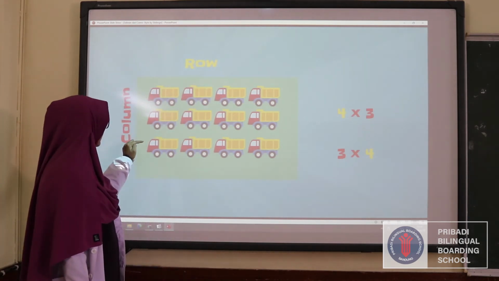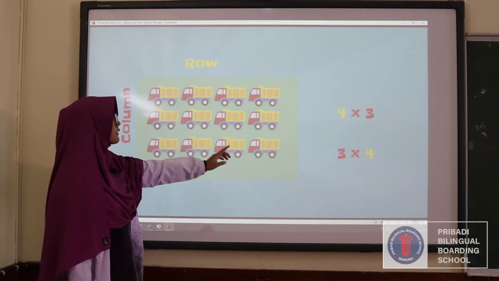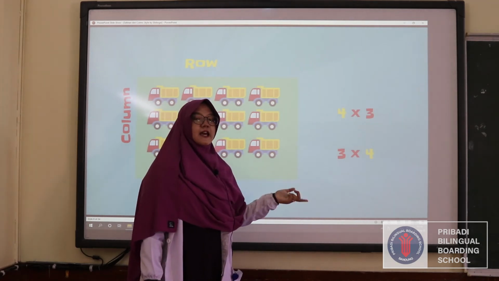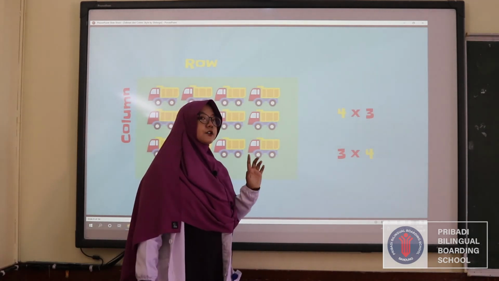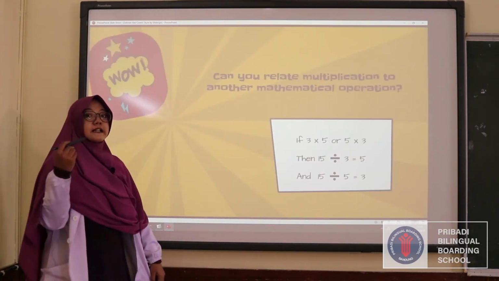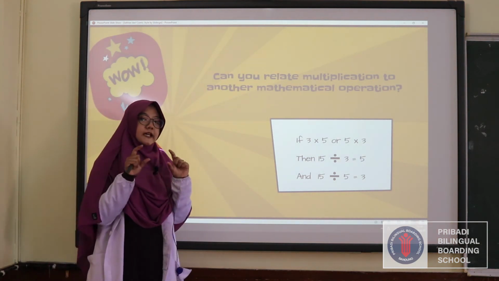We have 3 trucks in the column and we have 4 trucks in the row. So we do like this, 3 times 4. So how many is it? Yes, it will be 12 trucks here. So that is for an array, how you count the objects in an array.